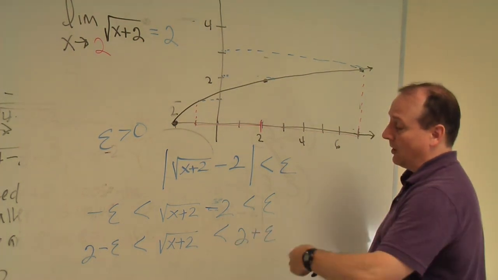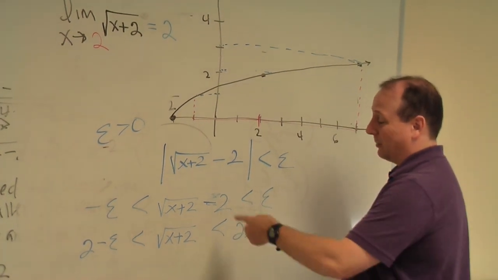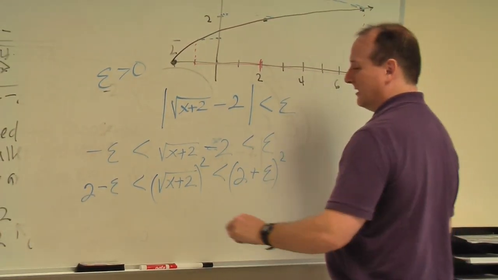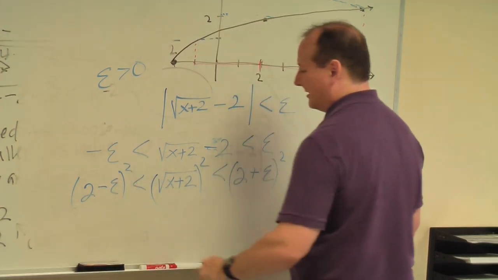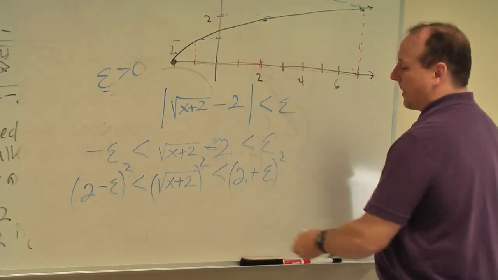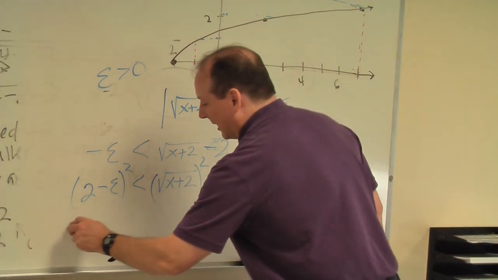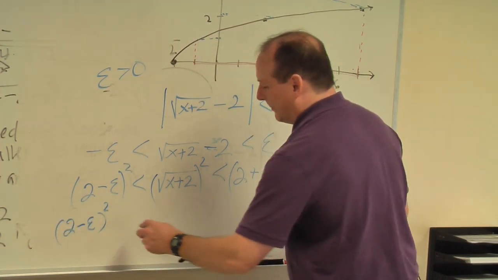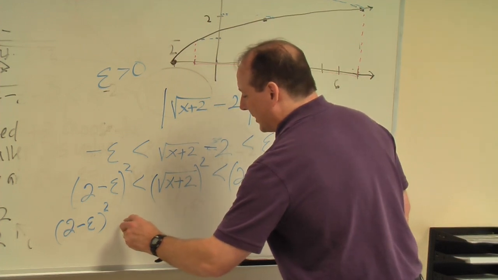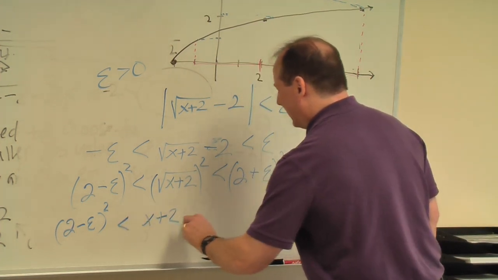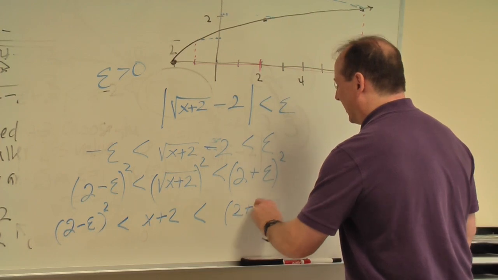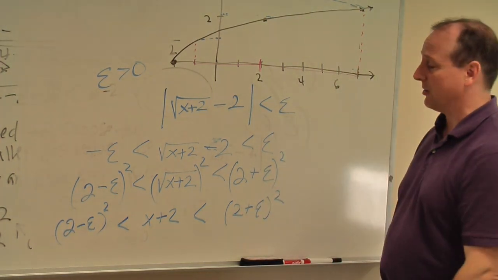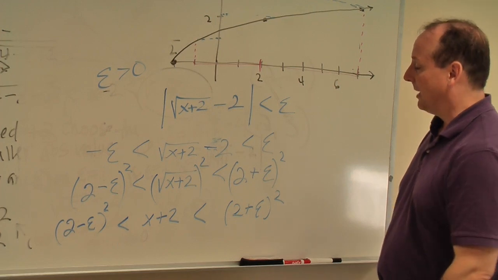Now I want x, so I'm going to get rid of the square root by squaring everything. So I have 2 minus epsilon, squared, is less than x plus 2, is less than 2 plus epsilon, squared. I'm not expanding it out. I could, but I'm just trying to save some algebra steps and some time.